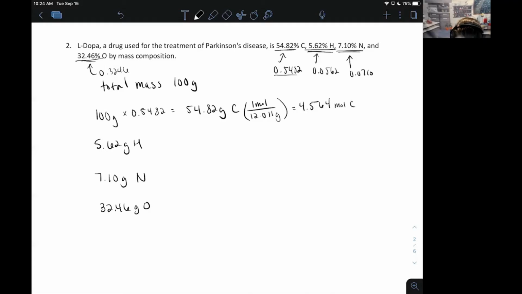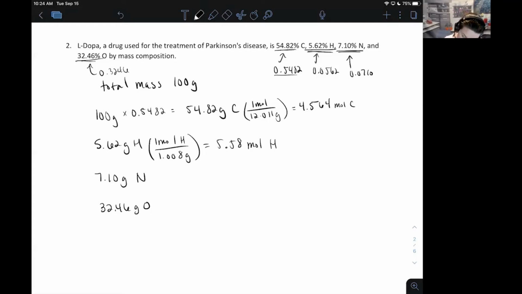Then I'm going to take my hydrogen. 1 mole of atomic hydrogen has a mass of 1.008 grams. So 5.62 divided by 1.008, giving me a value of 5.58 moles of hydrogen. This is 3 sig figs starting out, and we end up with 3 sig figs at the end.